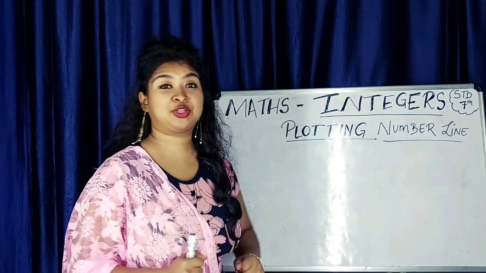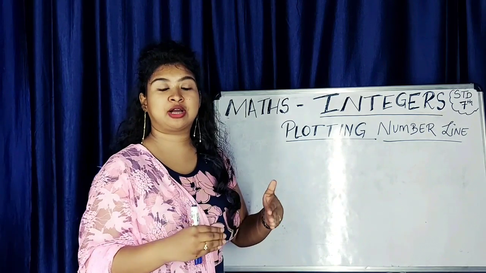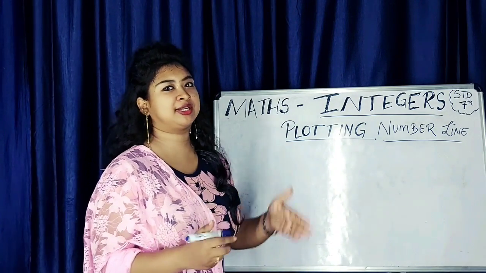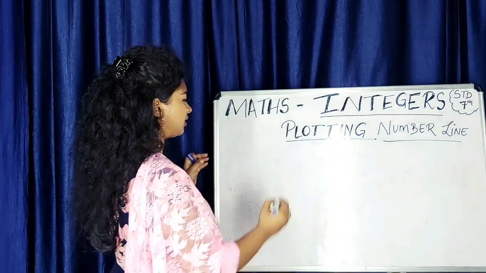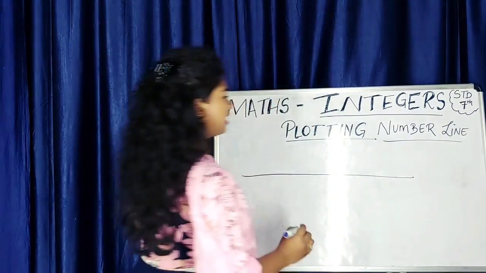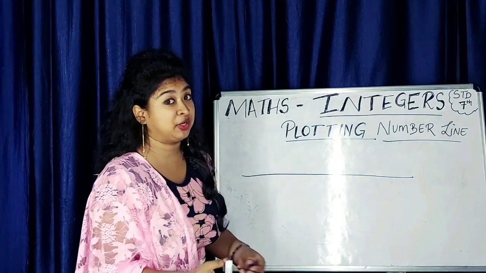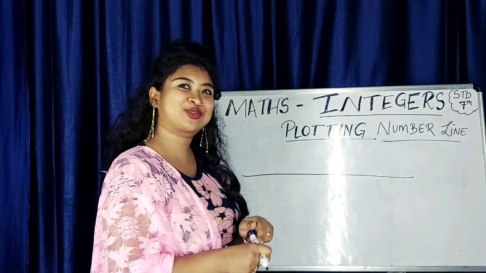So now we are going to see, मैं आपको बताऊंगी कि how can we do the plotting in a number line. How are you going to plot in a number line? First you make a straight line, and then I know many of you would be knowing and may not be knowing, but still it is quite interesting.